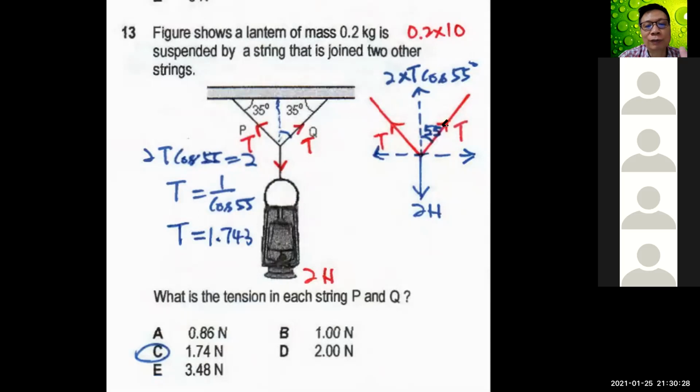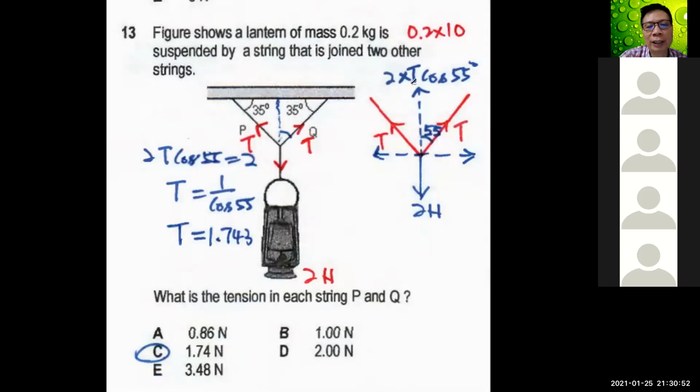Now to find the tension, this force has to be resolved and opened up. So this one opens up to Y and also to X. When you open up Y and take angle 55, it's cos. So T cos 55. Y has two, one on the left, one on the right, so straight away times 2.